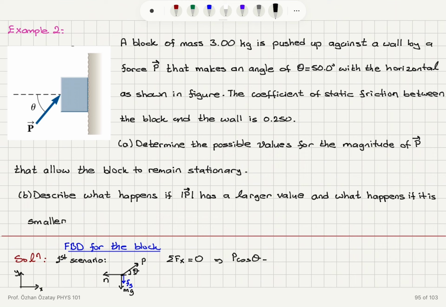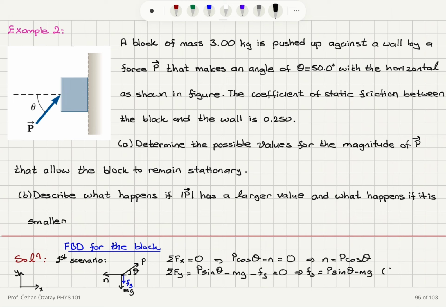The y component of P is P sine theta. There is the weight mg. I have assumed the static friction points down, so P sine theta minus mg minus Fs is equal to 0. This tells me that the static friction force must be equal to P sine theta minus mg in order to maintain equilibrium.